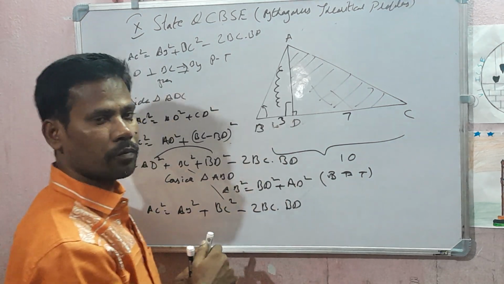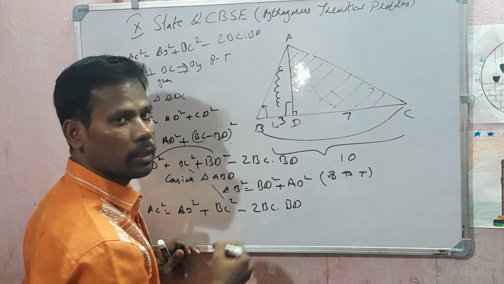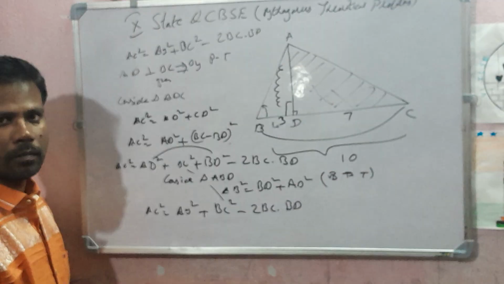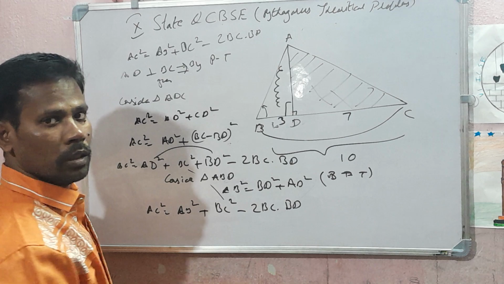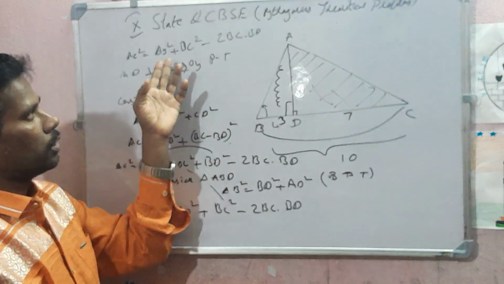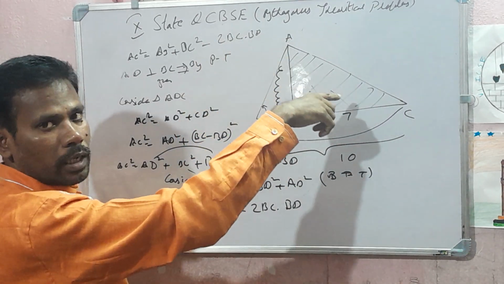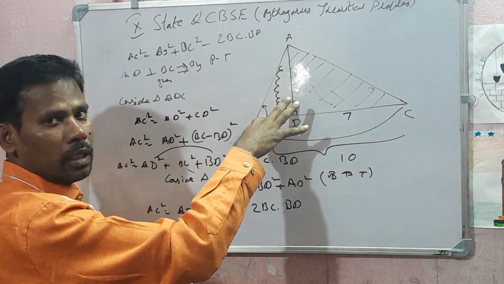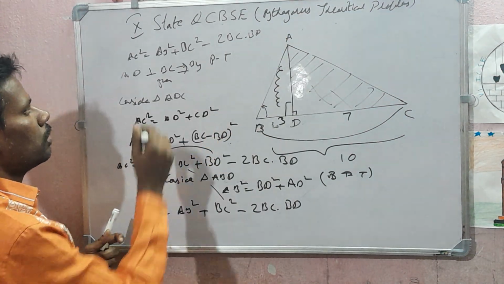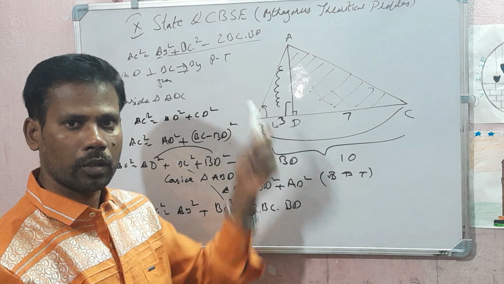Where you are starting from, here, so BC into BD. This is the way you should remember the formula. In the exam they may ask it as fill in the blanks: triangle ABC is an acute angle triangle, acute angle at B, AC square is equal to, and you should write like this. In competitive exams they will give a fill in the blank.